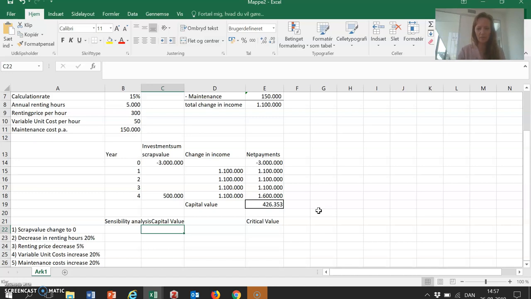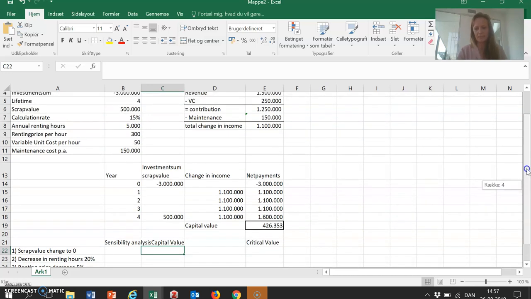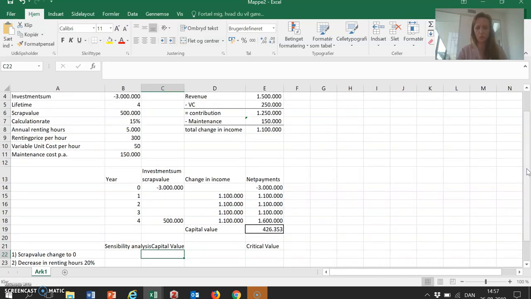So here, what will happen to the capital value if I change my scrap value to, let's say, 0, like I've set them down here? Because I've made this perfect Excel sheet, I go up here in my data area and I simply change that to 0 and see what happens to capital value.